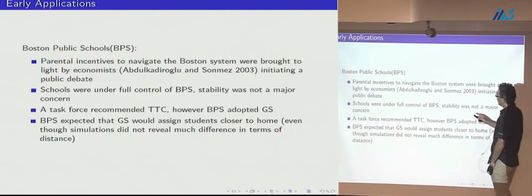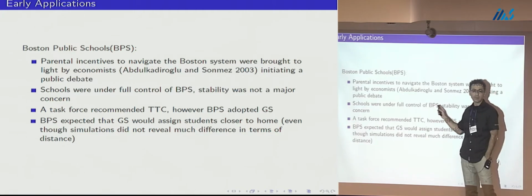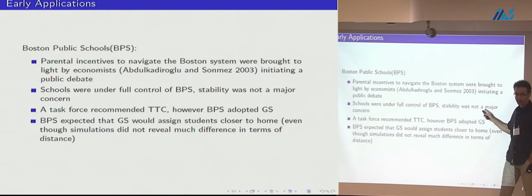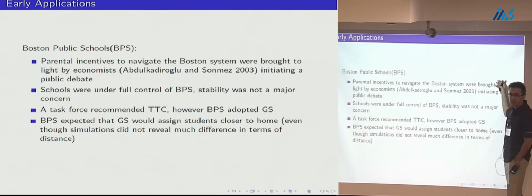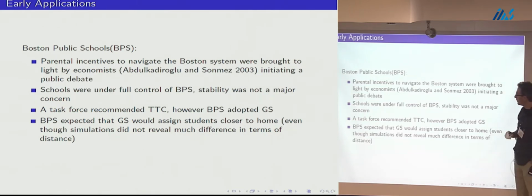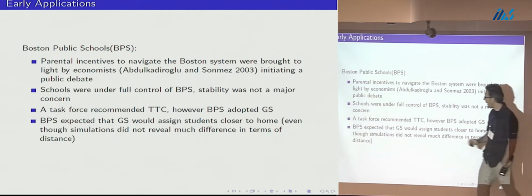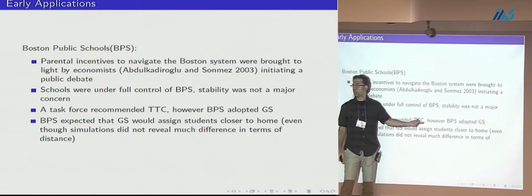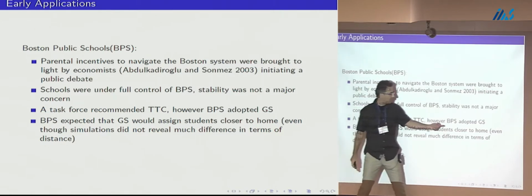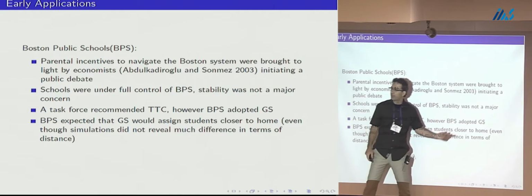The schools were under the full control of Boston public schools. Therefore, stability was not a major concern for them. Those priorities are exogenously determined in Boston, and violating those priorities was not a major concern. Actually, a task force initially recommended top trading cycles, which violates priorities, but eventually the Boston public schools adopted Gale-Shapley.